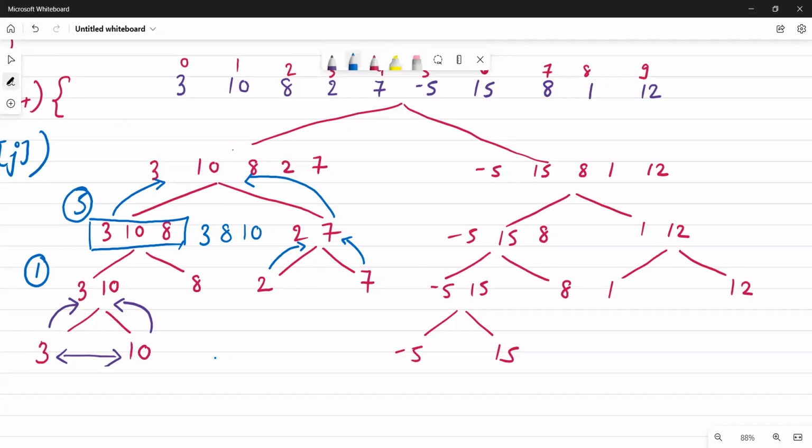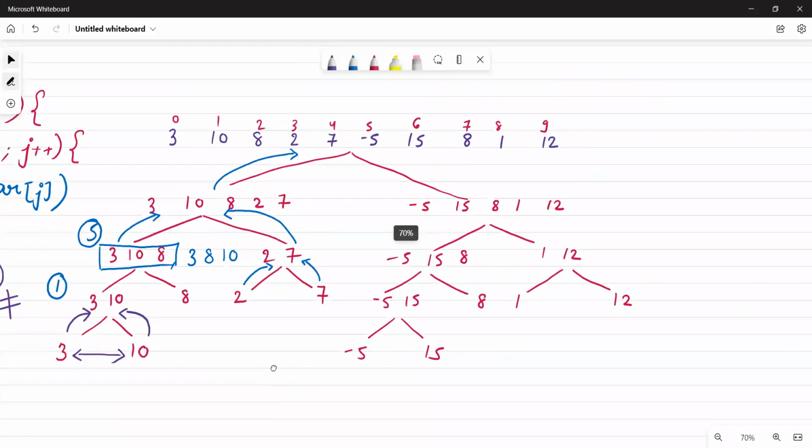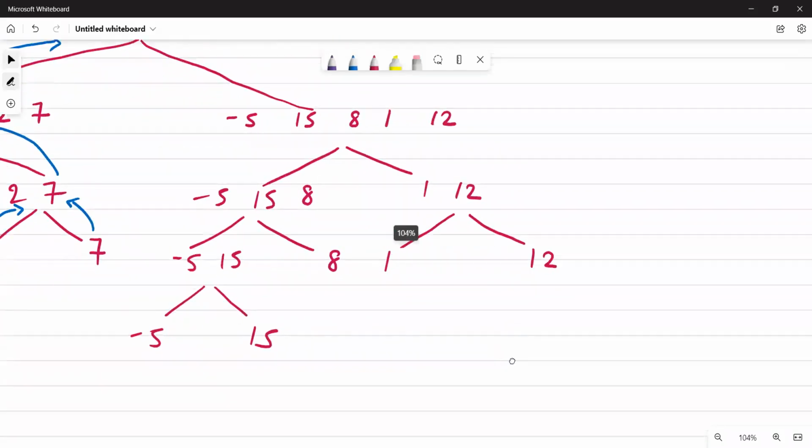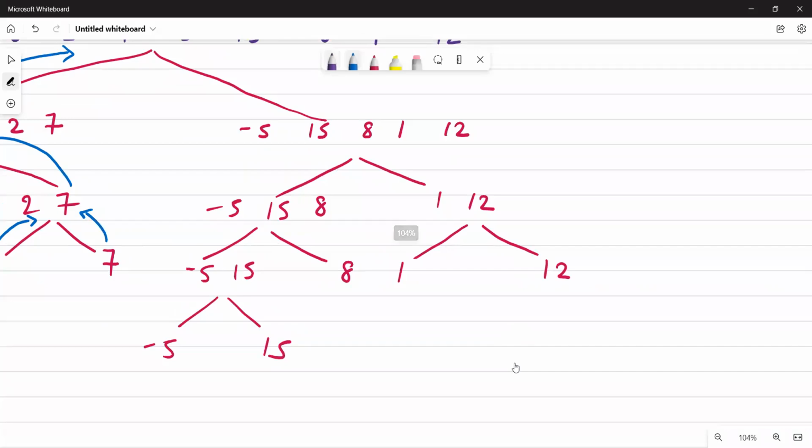Next, again, we will go up. But before that, we are going to solve the sub branches. Here, what we are going to get, minus 5 and 15. Is this pairing okay? No, they will be merged. Next is minus 5 and 15 and 8.